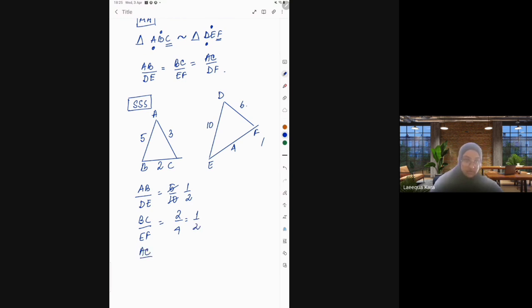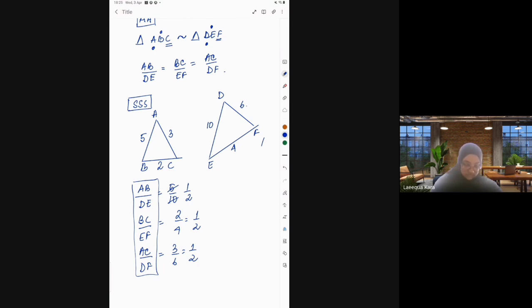And if I do AC by DF, then that is also equal to half. Therefore the proportions of the corresponding sides of the triangle are all equal to half.